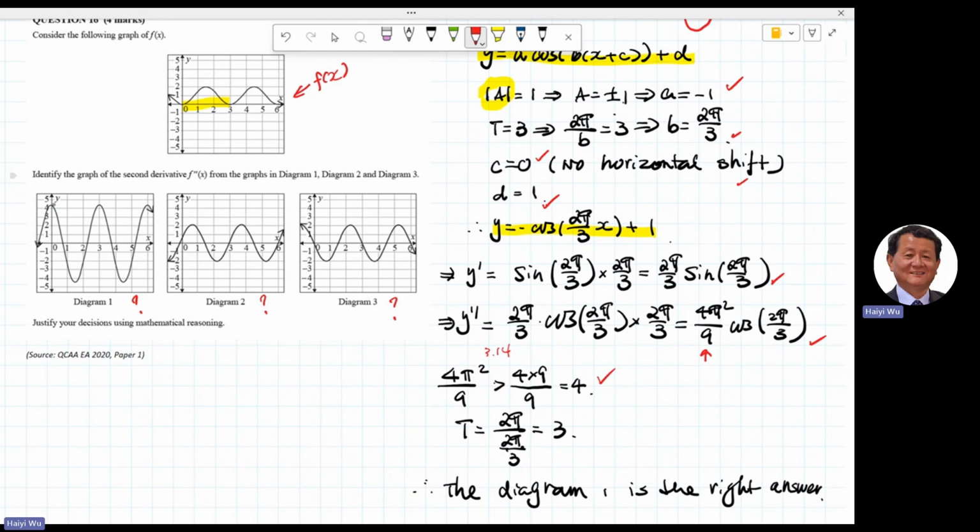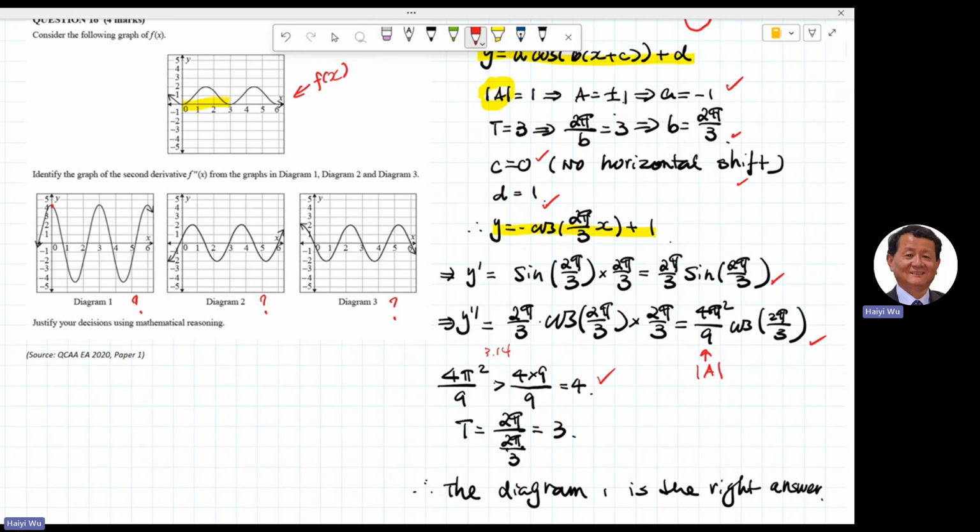Therefore the front number is the maximum, which is the amplitude A for the double derivative. The A is more than 4, so that looks like diagram 1.